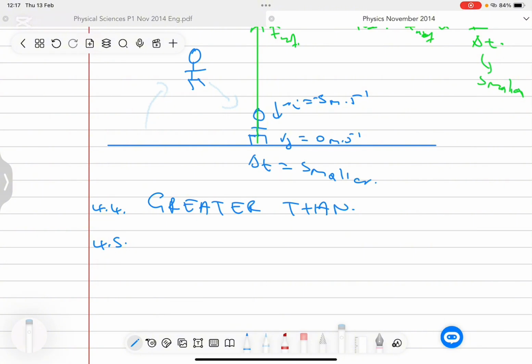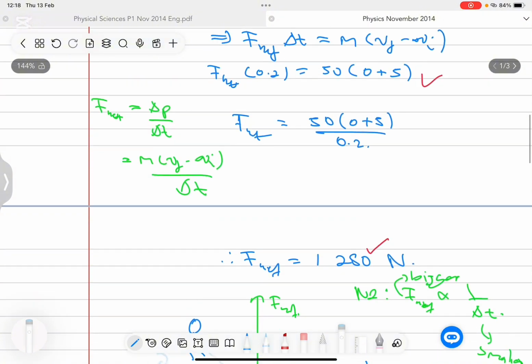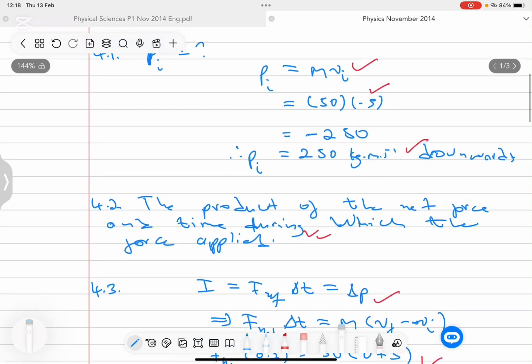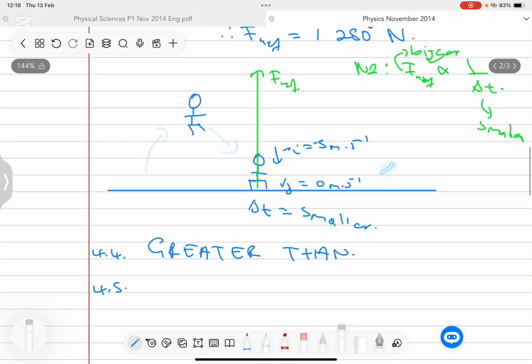Remember that we said the jump is the same. In other words, the change in momentum here hasn't changed. It's still the same as the change in momentum in the first scenario, because we still have the initial velocity and a final velocity of 0 as well. So the only thing that has changed is that the time is smaller.